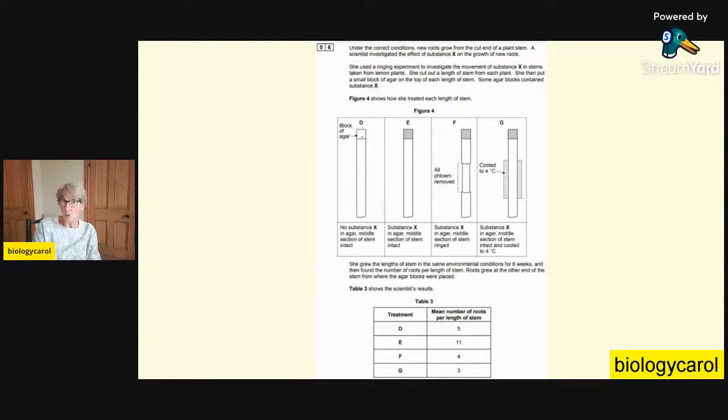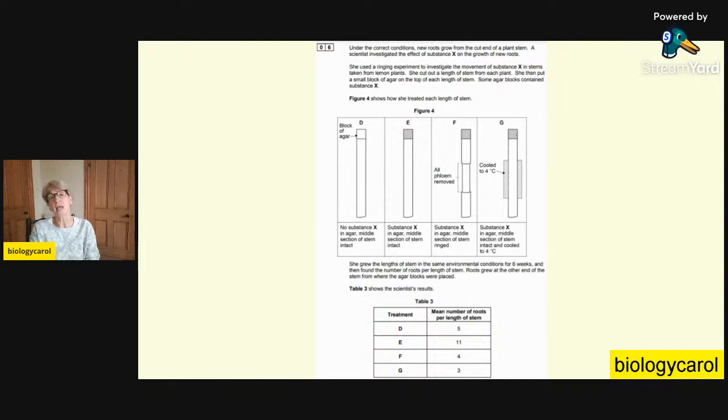D, the agar block does not contain substance X, and the stem is intact. E, the agar block contains substance X, the stem is intact. F, the agar block contains substance X and the phloem has been removed.